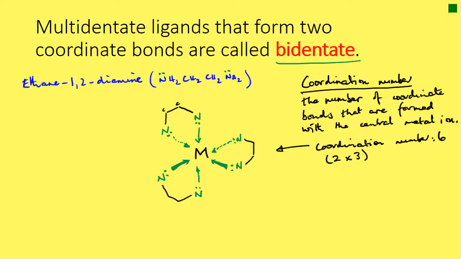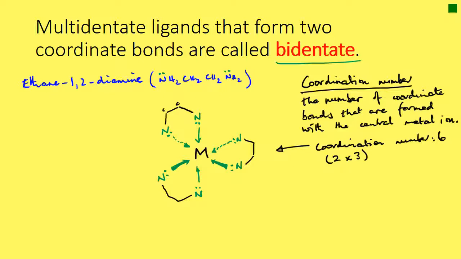So the other nitrogen of the ethane-1,2-diamine would be directly below the metal ion, and the bond would be in the plane of the slide, vertically up towards the metal, and we would have our carbon chain like this, connected to our other nitrogen.